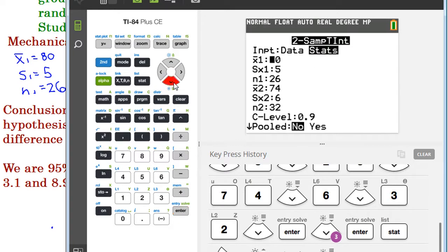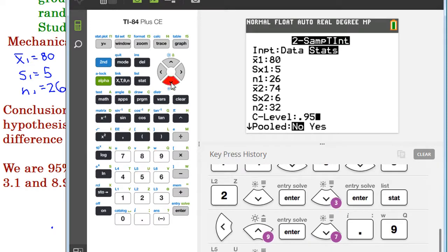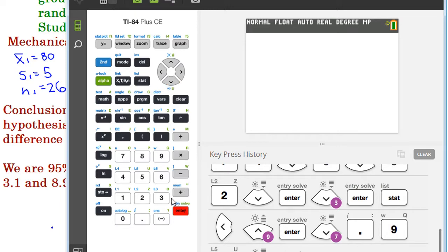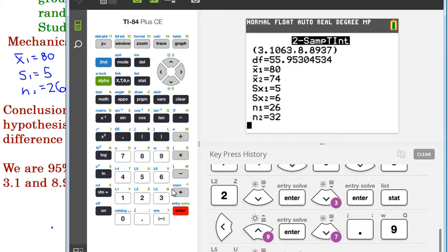So we can just leave this alone. I ran a 95% confidence interval. Pooled again, just leave it no, and then just hit calculate. Keep in mind too, it does think a little bit longer now because of those t critical values. It's not as quick as with the z's.